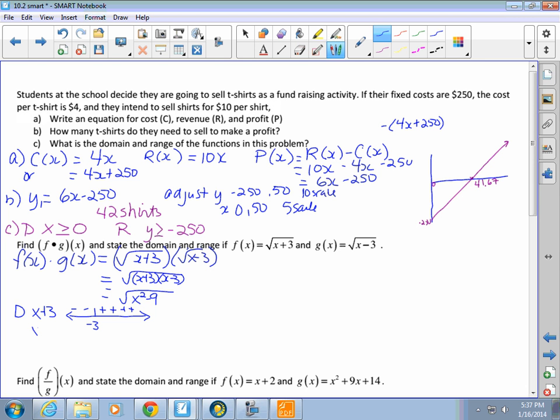For x minus 3, at 3, I would have 0, and everything above 3 would be positive. Anything going to the left of this, I would have negative values.